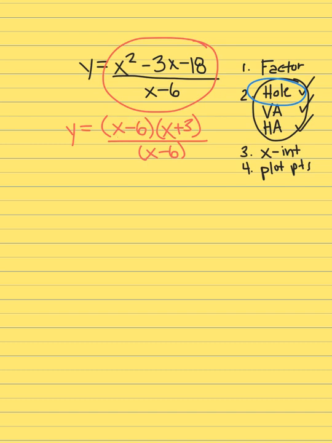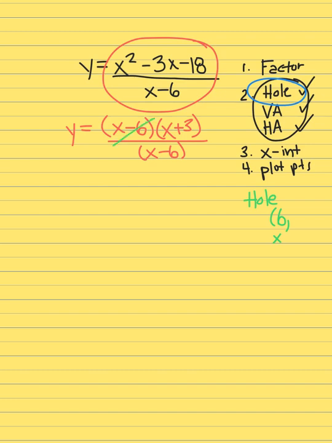So the hole is going to be at x equals 6, because if you plug in 6 for x, you'll have 0 divided by 0, and the x and the y at that point will be undefined. So the first discontinuity is at 6 for the x value.